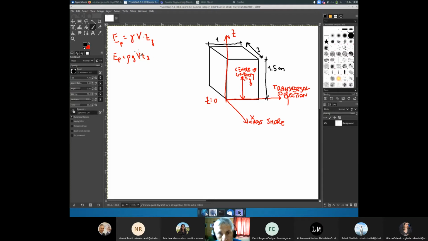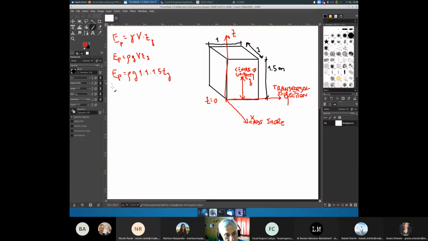Okay, so the volume, I can simply write as the product of the three dimensions. EP is equal to rho G. Instead of V, I put 1 times 1.5, and then again ZG. This should be elementary to understand.